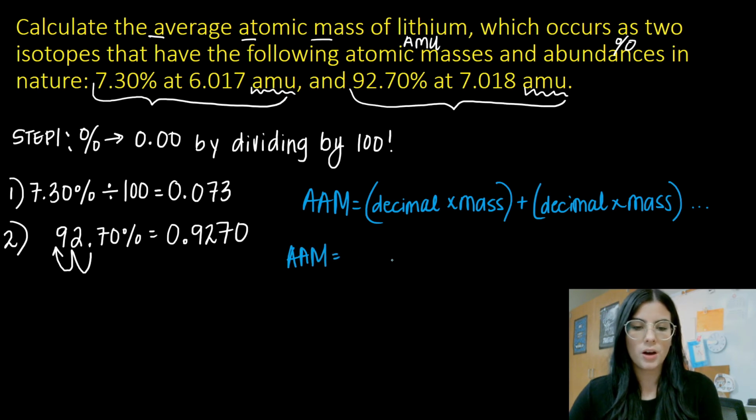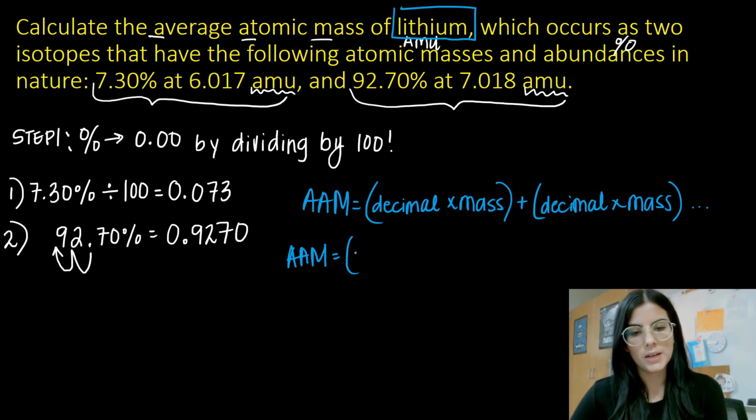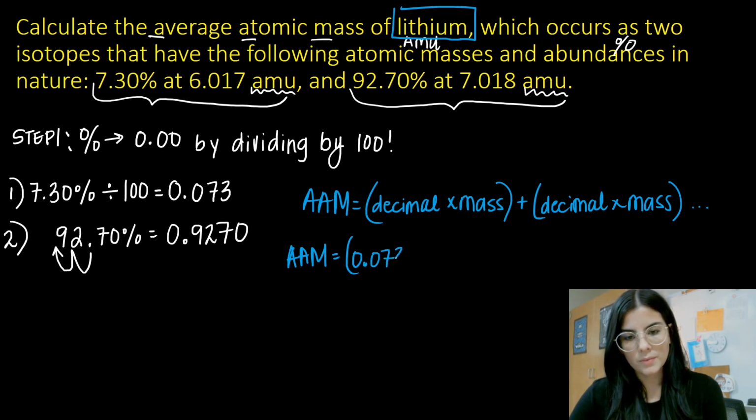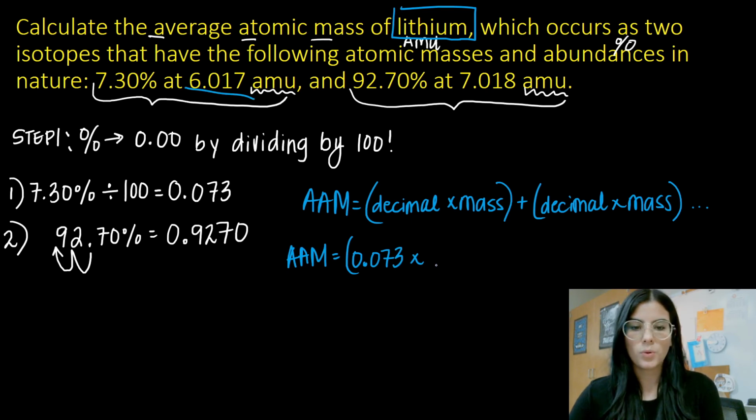AAM, average atomic mass, for lithium is going to be 0.073 times the mass, 6.017.